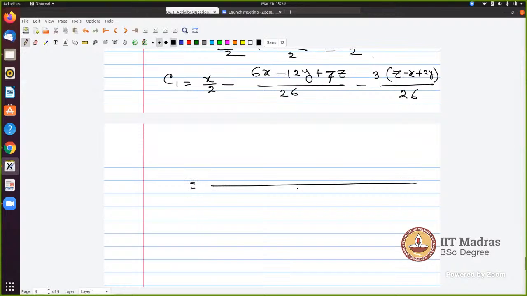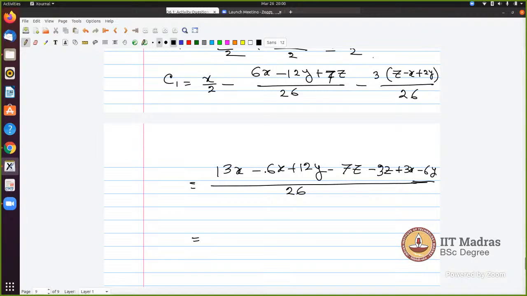So if you solve this, 26x minus 6x plus 12y minus 7z minus 3z plus 3x minus 6y. It should be 13x there. First term, 13x.